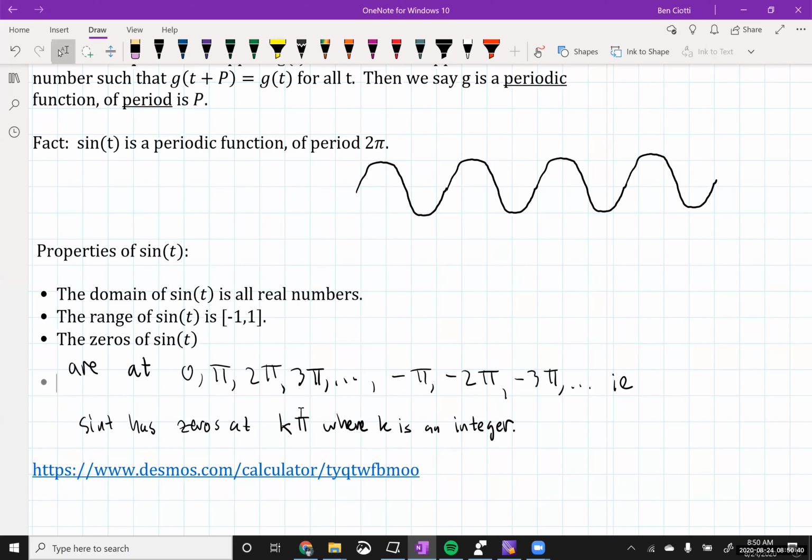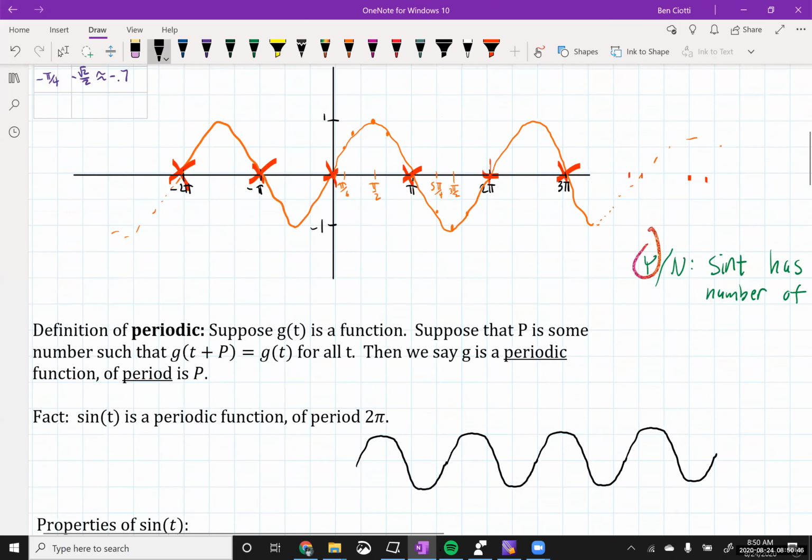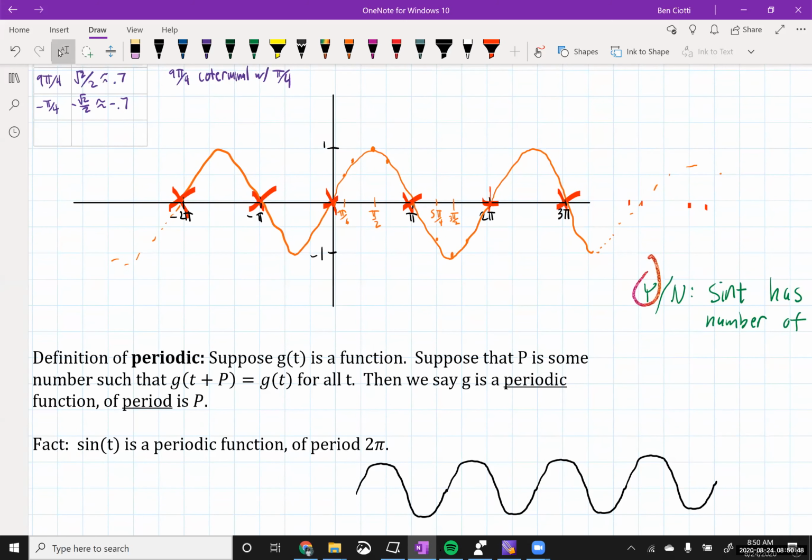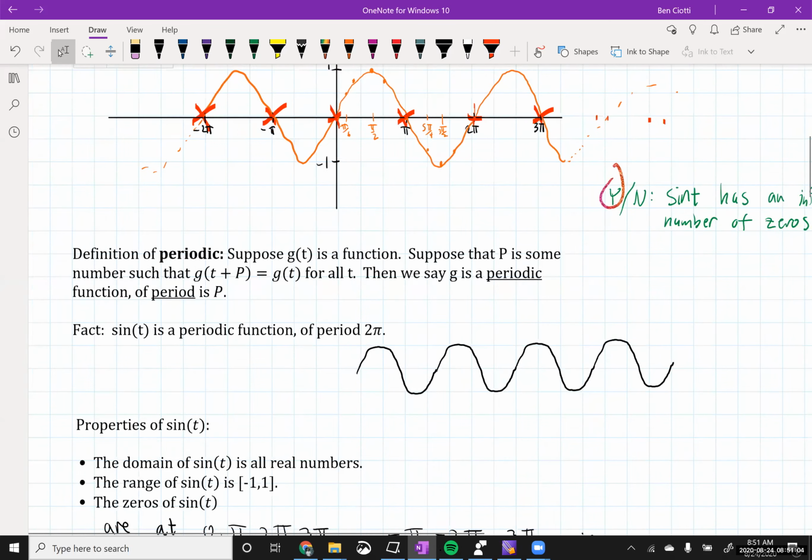Let me point out one more fact about the graph. If you look at the graph, there's a lot of symmetry going on, and I'm going to discuss a number of aspects of it today. One is it's symmetric about the origin, which is a property of an odd function. So let me point that out. We already knew that.